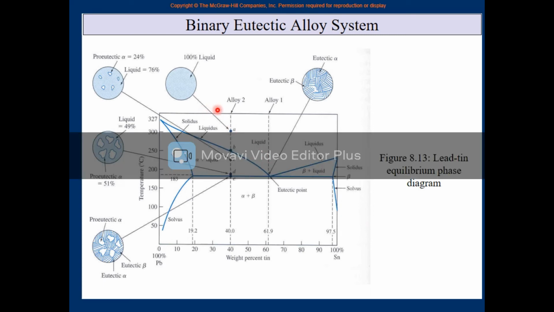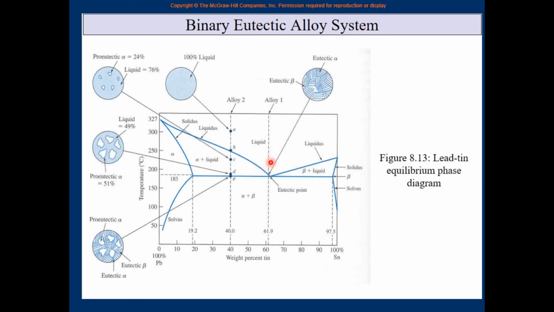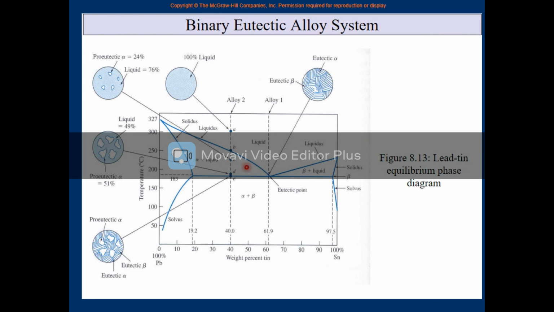It always remains this, whether we are here or here or here. Suddenly, as we touch the eutectic line, the complete eutectic reaction takes place. All the liquid changes into eutectic alpha and beta. No pro-eutectic. So there are no small diagrams like before. All the liquid suddenly changes into eutectic.